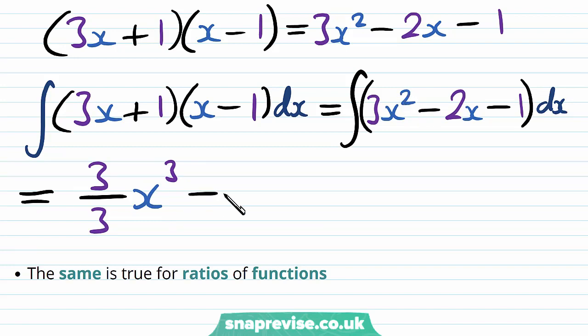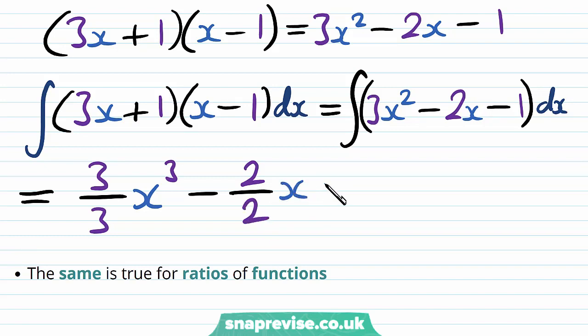And then we have a minus 2, that's the constant from the 2x, and then we divide by the new power, which is increased by 1 from the old power, where the old power is 1, and so we increase by 1 to get 2, and then we have an x squared.